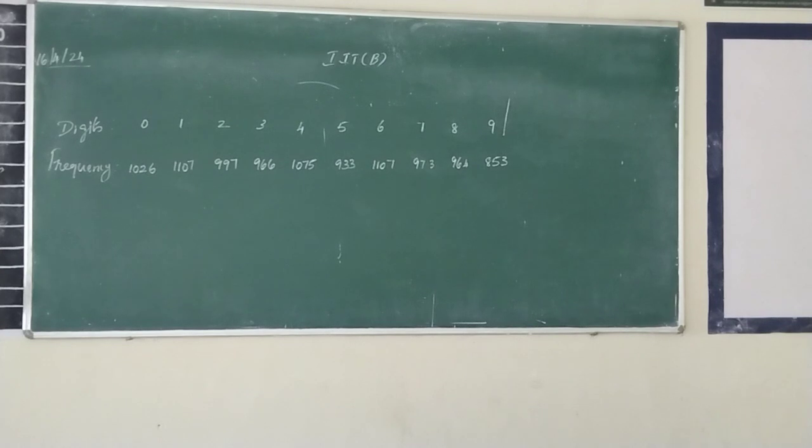What is this 10,000? Total appearance, right? It appears in the pages only, right? So what is the meaning of this frequency? 0 is going to appear in 1026 pages. 1 is going to appear in 1107 pages. So this frequency indicates the number of pages in which that number is going to appear.